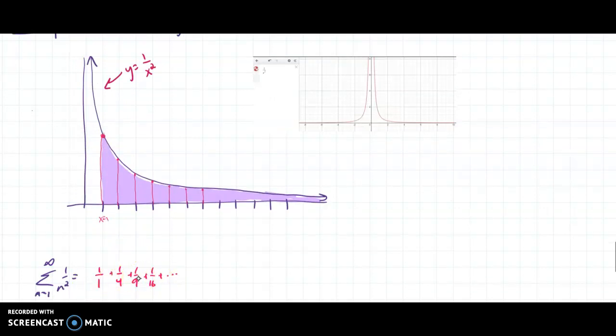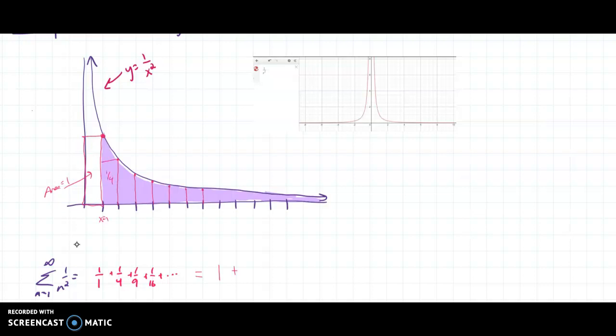And here's how. What I can do is take this little block right here. That was just going over to the right from this height right here. Remember that height was 1. This thing has an area equal to 1. So this summation is equal to 1 plus the rest of the areas, okay? And look, 1/4, that would be this one.